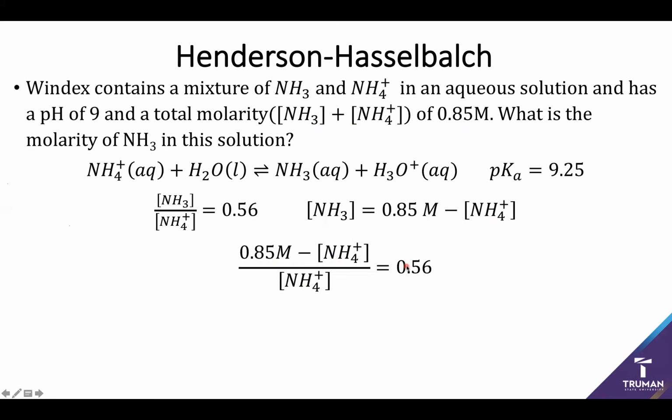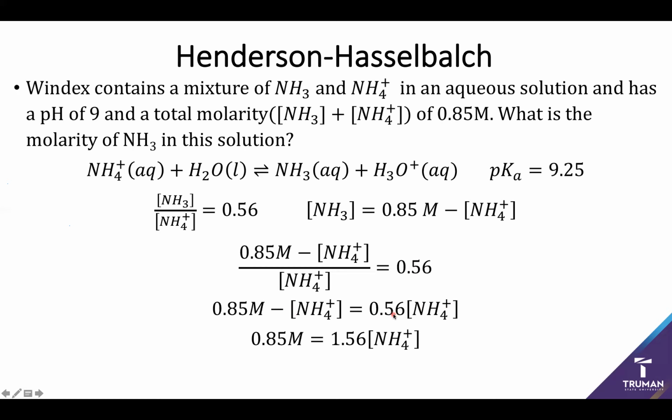Ooh, this seems a little heavy. But with a quick algebra fix, I can get rid of my denominator and pull my ammonium over to the other side. Now I've got a molarity equals a ratio times my ammonium concentration plus the ammonium concentration. Solving for ammonium, we find an ammonium concentration of 0.54, and then plugging back in, an ammonia concentration of 0.31.